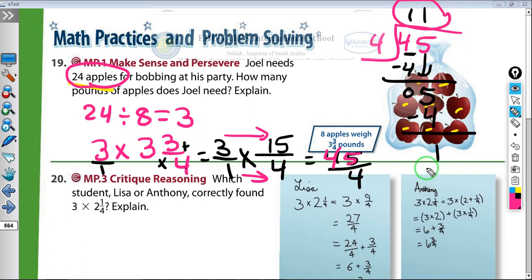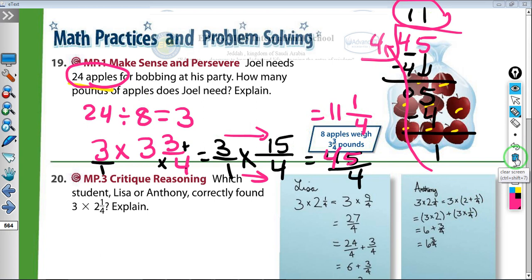Circle and arrow. The whole number is 11, so write equals 11 and 1 over 4. This is the final answer that we have to follow for the question.